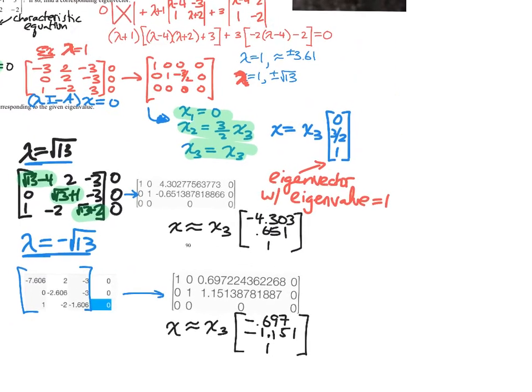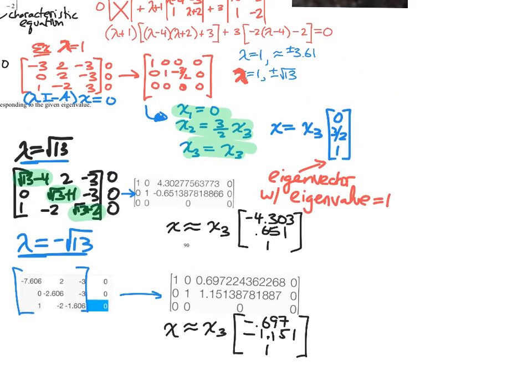Because what happens is when I show the intermediate step of writing it as x1 equals 0, x2 equals 3/2 x3, it comes from adding this term to the other side of the equation. And so here I have a positive value that I would be subtracting from the other side, and a negative that I would be adding to the other side. All right, so it's just the operation that's changing the sign.